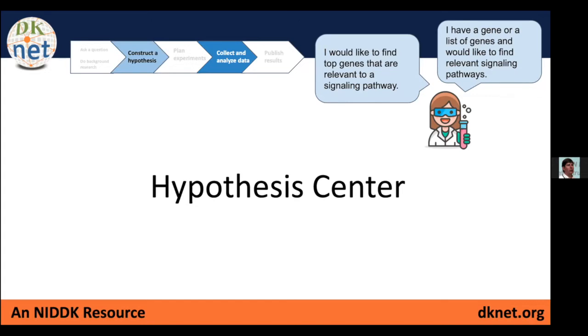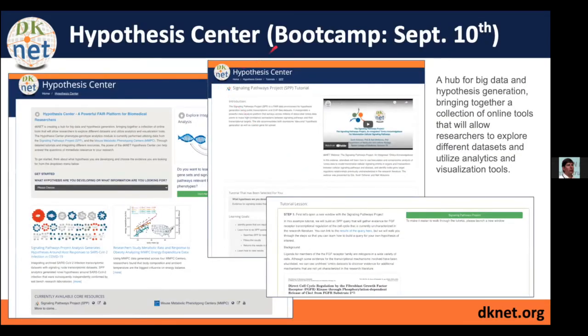The Hypothesis Center is something new in dkNET, which we're launching right now as a soft launch on dkNET itself. There's going to be a full boot camp on September 10th around the Hypothesis Center, and we'll get into much more detail around the Hypothesis Center and SPP.